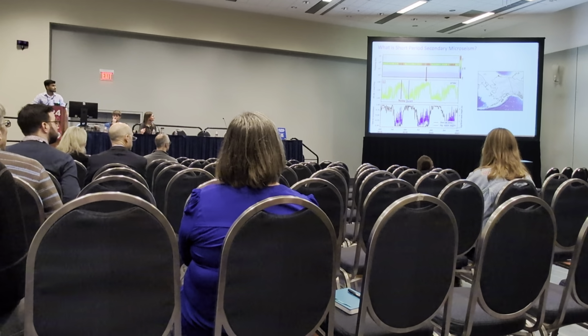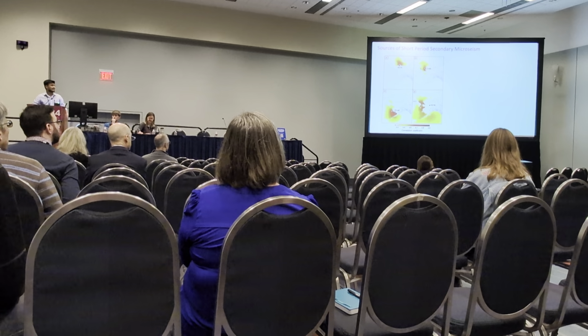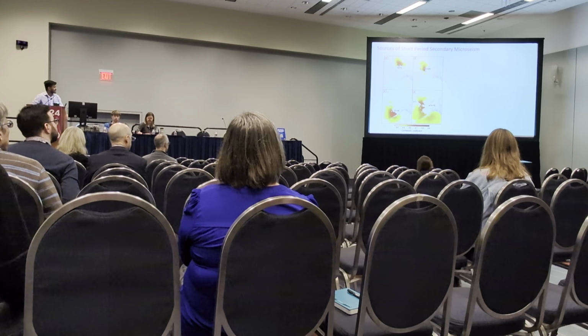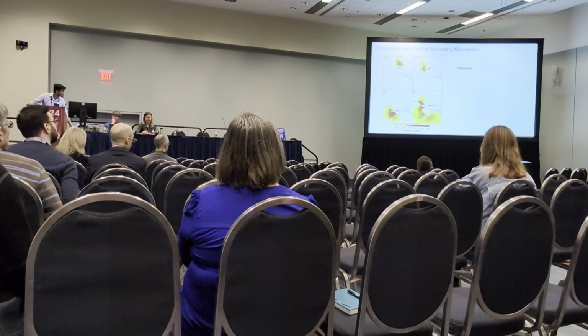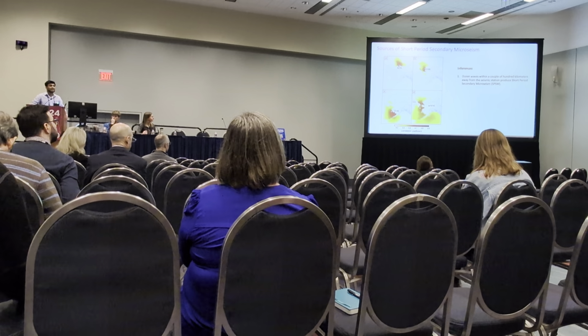Now let's find out the source region of this signal. We did the same cross correlation analysis, but this time with stations. And you can see, unlike secondary microseism, the short period secondary microseisms are driven by ocean waves within a couple of 100 kilometers away from the station.